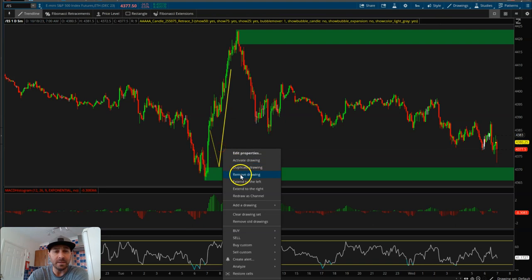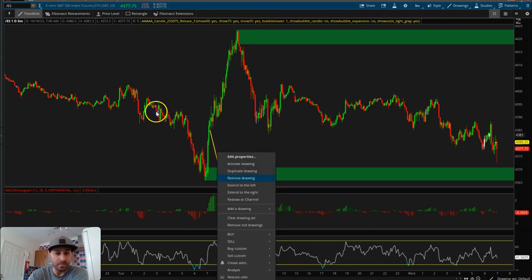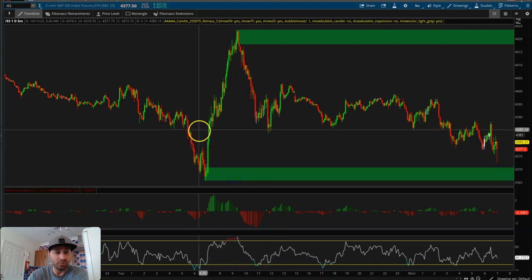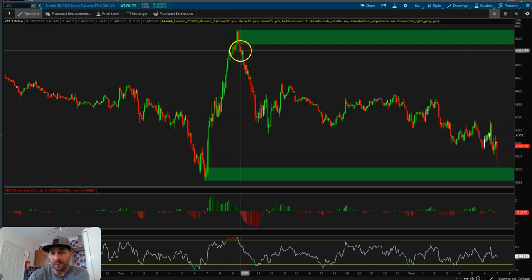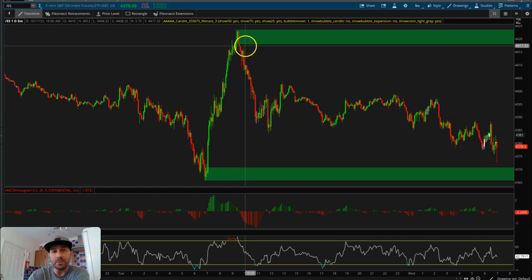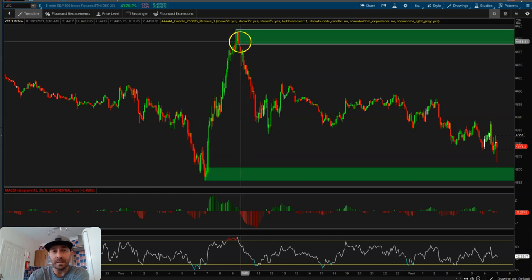As we could see in this example, price just took off, right? It just went up and never even looked back. On the downside, we kind of see the same thing where price fell. It did retrace a little bit, but it never even got back into this level. So I still really like this level.